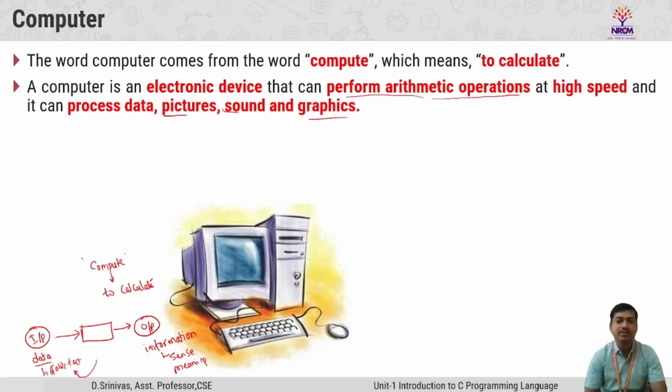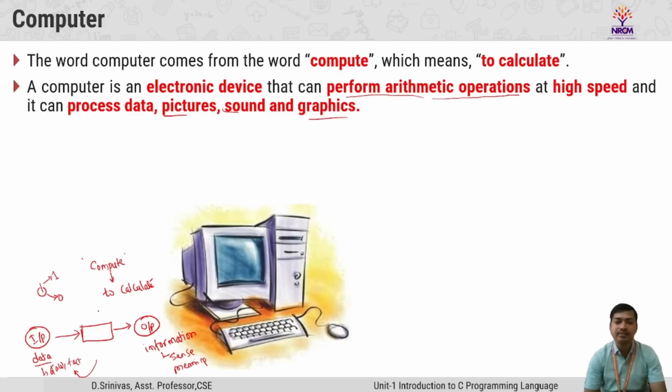A computer is an electronic device. Normally we see this symbol on electronic devices, which represents the power button. But we need to understand that this symbol is a combination of zeros and ones. Any electronic component has two states: one state is called the on state, and another is called the off state.